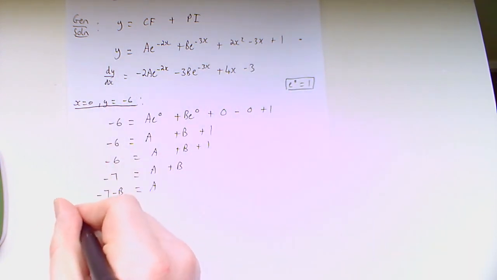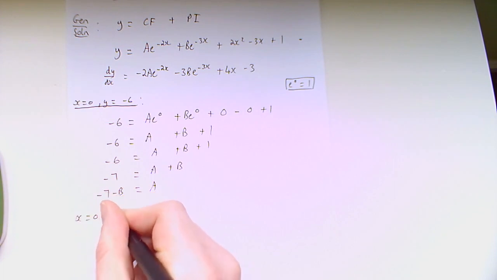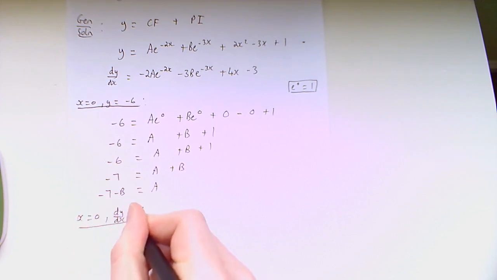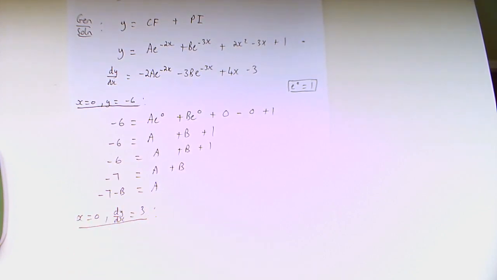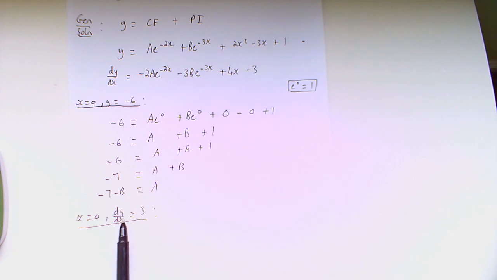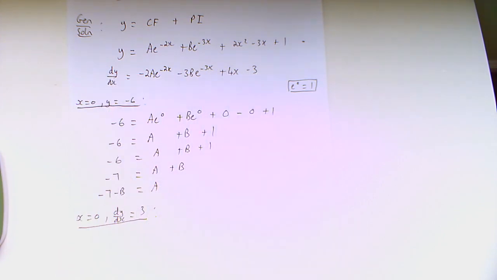So the second initial condition is when x equals 0, dy by dx equals 3. So this time we're using this equation here, because this equation has dy by dx in it. So we're going to swap dy by dx for 3, and we're going to swap all our x's again for 0.